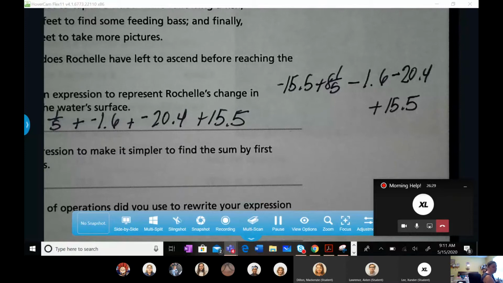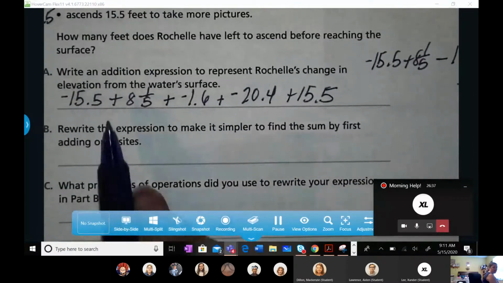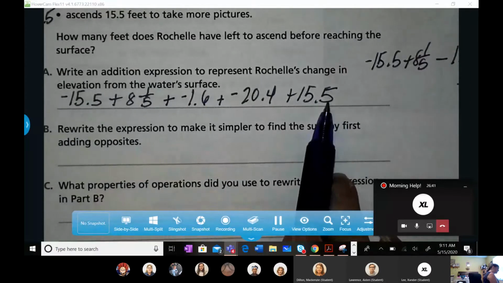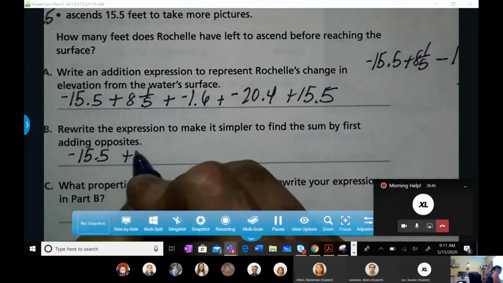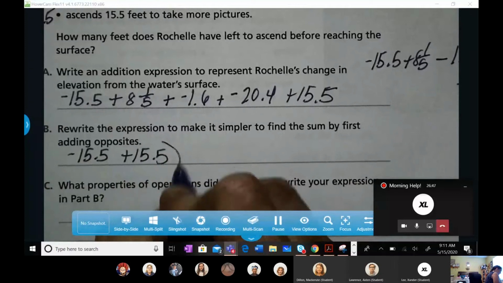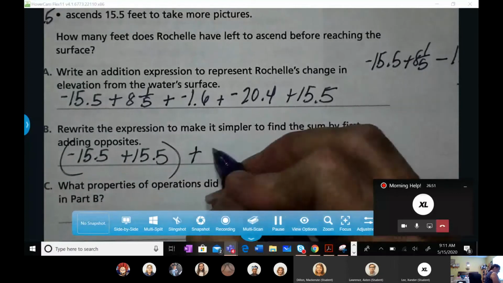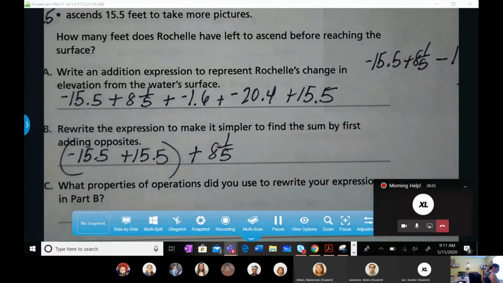All right, so then it wants us to use our properties to rewrite things to make them easier to add. All right, so what I would do was I would add the negative 15 and 5/10 and the positive 15 and 5/10. So that would be the first thing I would group together. Okay, and then I can put this 8 and 1/5 kind of anywhere I wanted it, right?